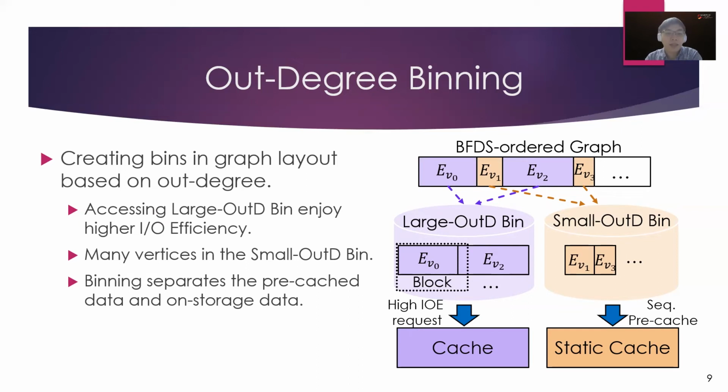And the third one is that unlike the traditional method, which directly pre-caches the vertices, the bin separates the pre-cached data and uncached data. So under this kind of bin strategy, a loaded page will not contain the pre-cached data. And this makes it possible to further improve the utilization of the loaded page.